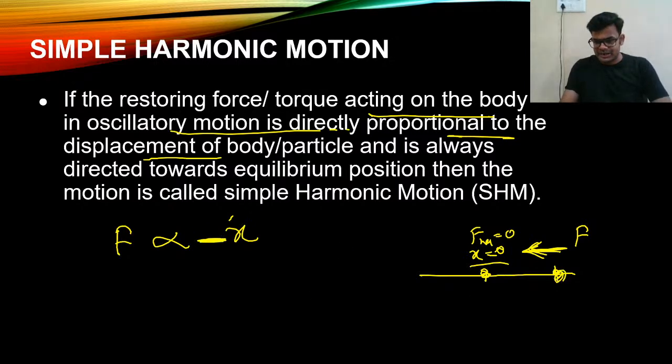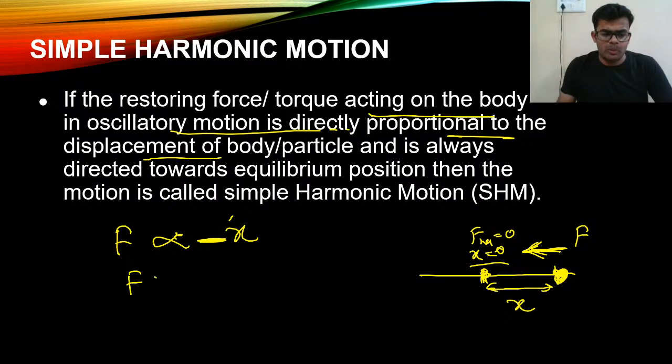Let's say this is the particle, this is the mean position, and this is the displacement of the particle, that is x. So force is proportional to negative of x. If we remove the proportionality sign, we get a constant. So F will be equal to minus kx.